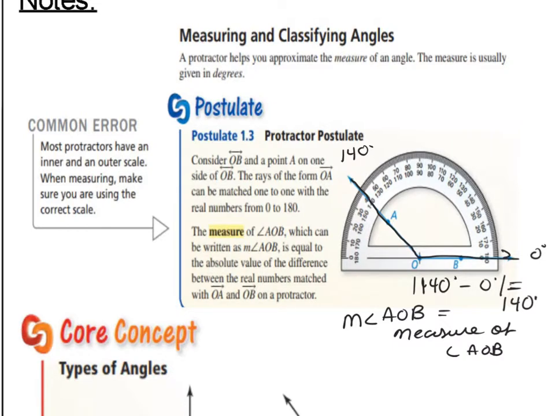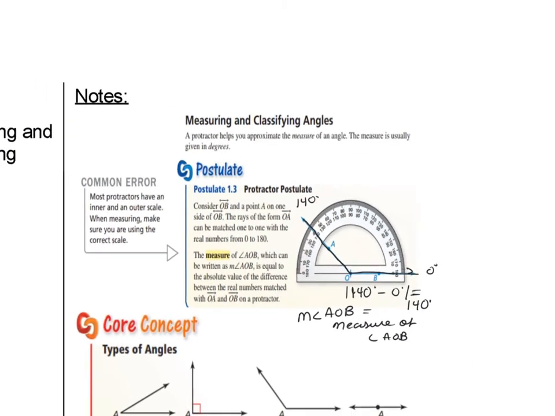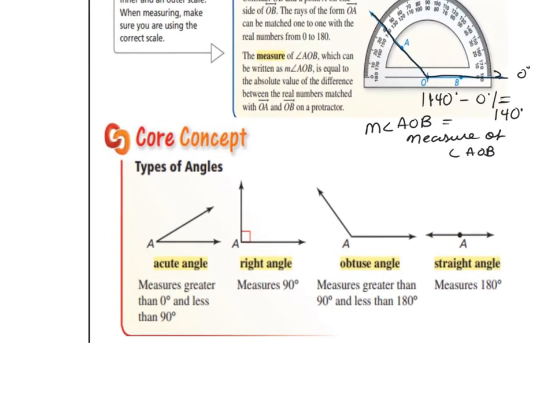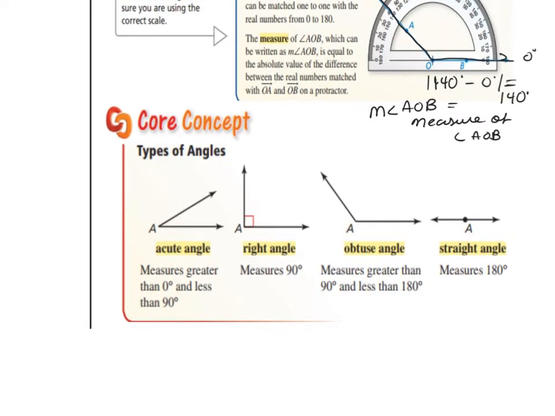And then, of course, they're going to talk about the types of angles that we've already discussed earlier, which are our acute angles, our right angles, our obtuse, and straight angle. The two you want to pay particular attention to are the right angle and straight angle. Most of the time we denote a right angle with a little box.